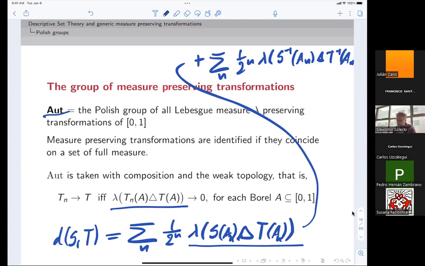The important thing here is to take the sequence An countable, but rich enough. It is an algebra of sets, closed under finite intersections, finite unions, and complements, that will generate the sigma algebra of Borel sets.